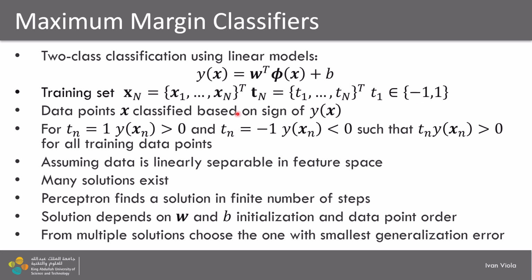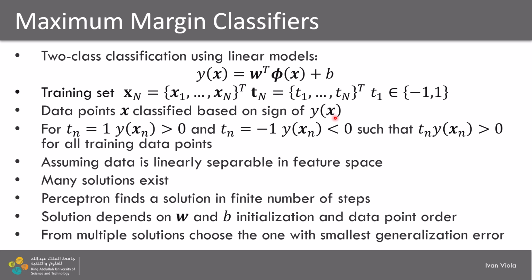The data points are classified based on the sign of y(x). If y(x) is equal to 0, we are at the decision boundary, and if we have negative values, we are on one side. If we have positive values, we are on the other side.